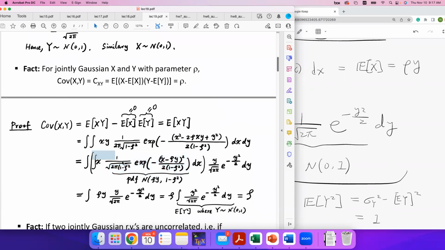Then the integration simply means some statistics about that Gaussian random variable. For example, here, this integration is basically the mean of such a Gaussian random variable, and we can directly see from this PDF formula that the mean is rho times y. So without calculating this integration, you can conclude that it is rho times y.